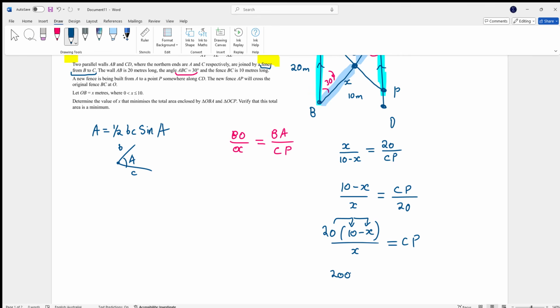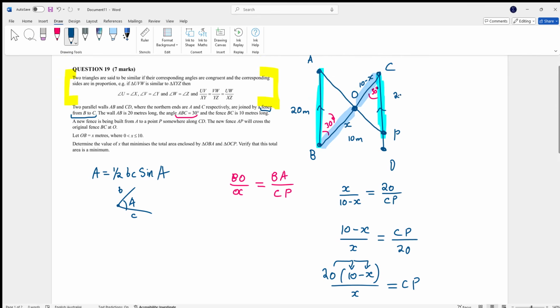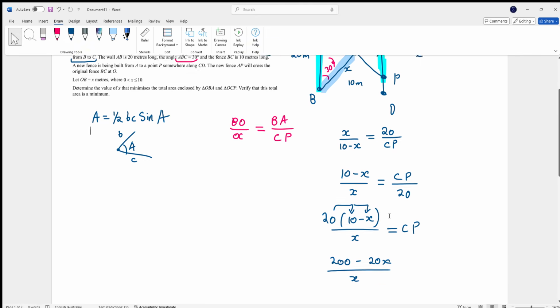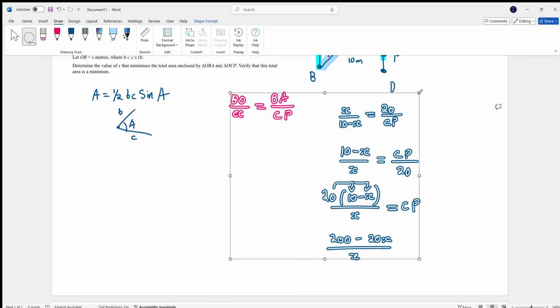So you have 200 minus 20x over x. That is going to be the side length of CP. And of course you could simplify that a bit more, but that's all you need at the moment. Alright, I'm going to get rid of this information now.